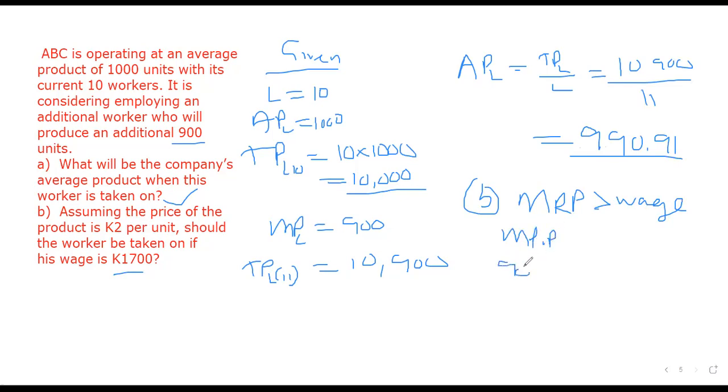So he's bringing in 900 additional units times 2 kwacha. This should be more than the 1,700. So what is the net worth value of his products? 1,800. And how much is he asking for? 1,700. Is it worth employing? Yes. Are we together?